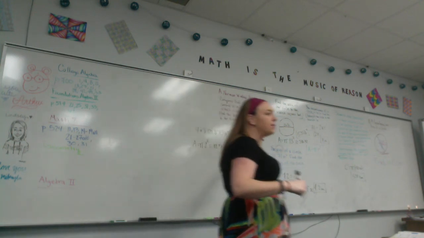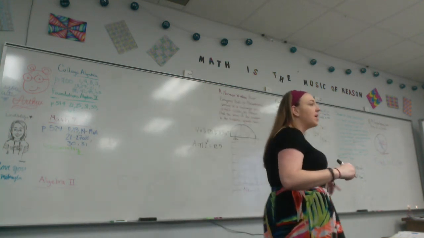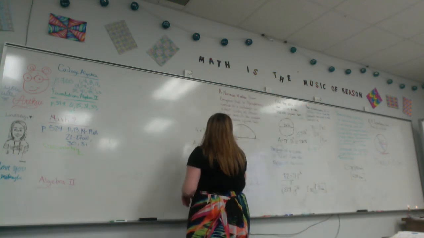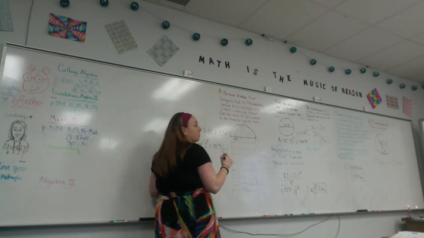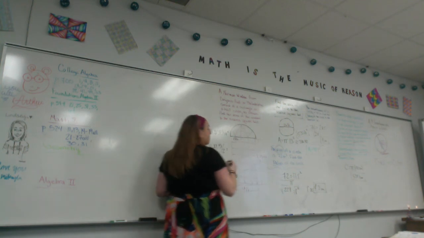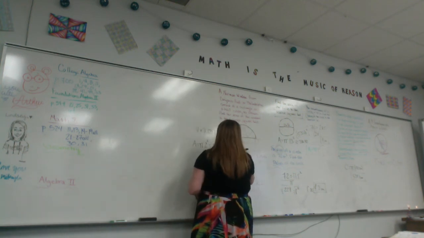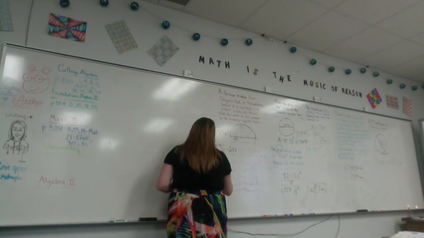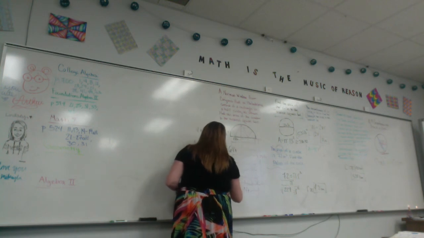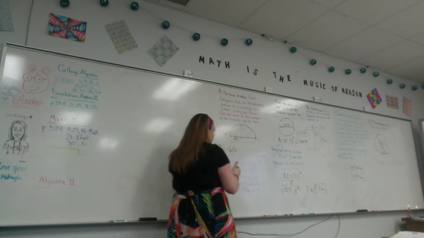Is that a full circle? No, so I have to divide it by 2. And what do you get? 6.25. Okay, let's round that to the nearest foot, so 6 feet. And then I'm going to add that to 33, so 33 plus 6 is what? 39. So it is approximately 39 feet squared.